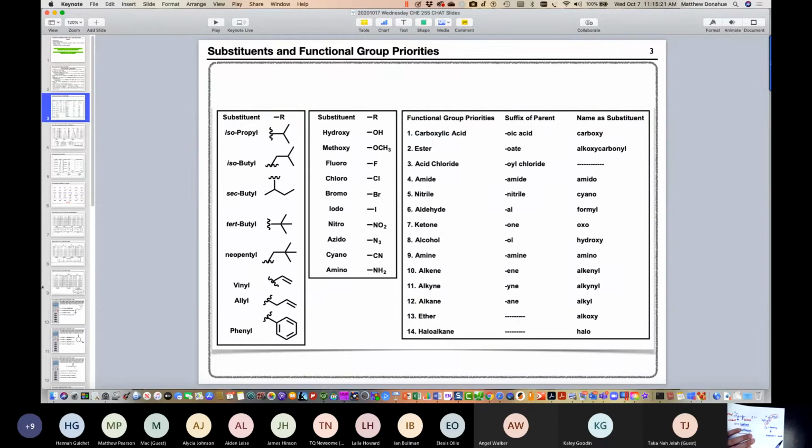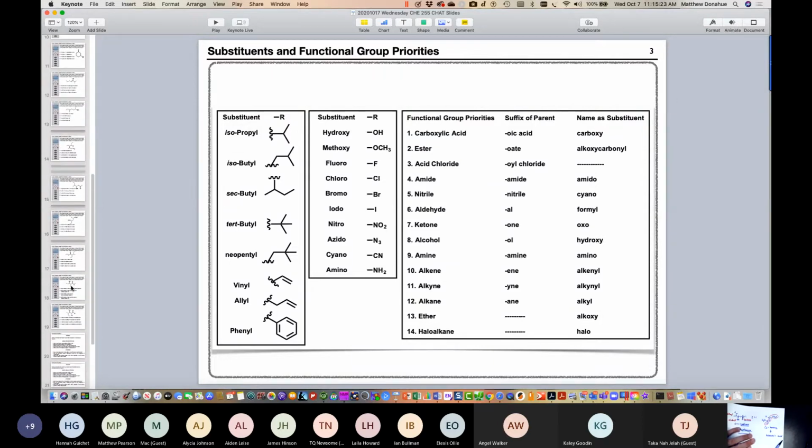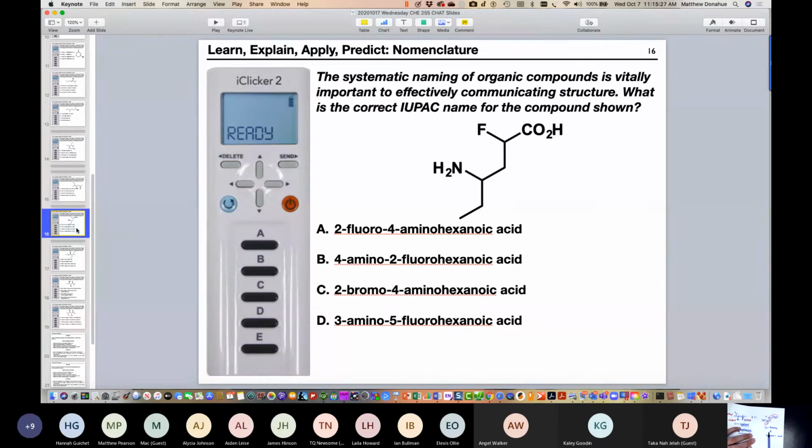So based on that information, let me go back to the problem. What do you think the correct name is for this compound?